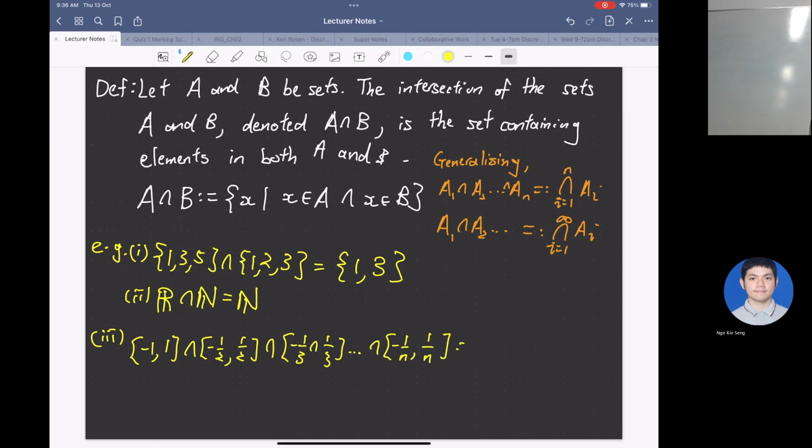Let's see what's the intersection of the closed intervals from minus 1 over i to 1 over i, and then the infinite intersection of these closed intervals. I'll give you another 2 minutes to try.